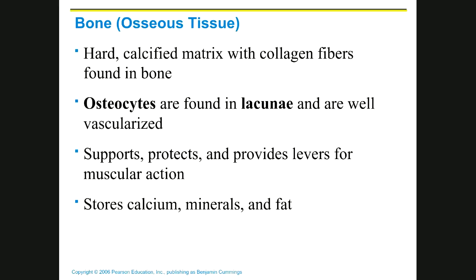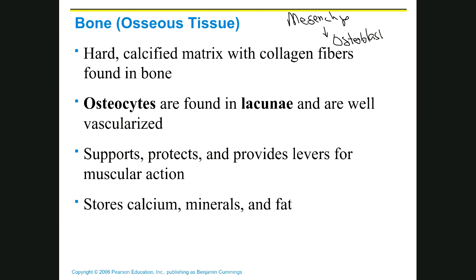Well, we're going to spend a lot of time talking about bone later on. So for now, we're just going to look at it in a cursory way. But remember, we're going to start out with mesenchyme. The mesenchyme cells are going to turn into osteoblasts. And then the osteoblasts are going to lay down the matrix.